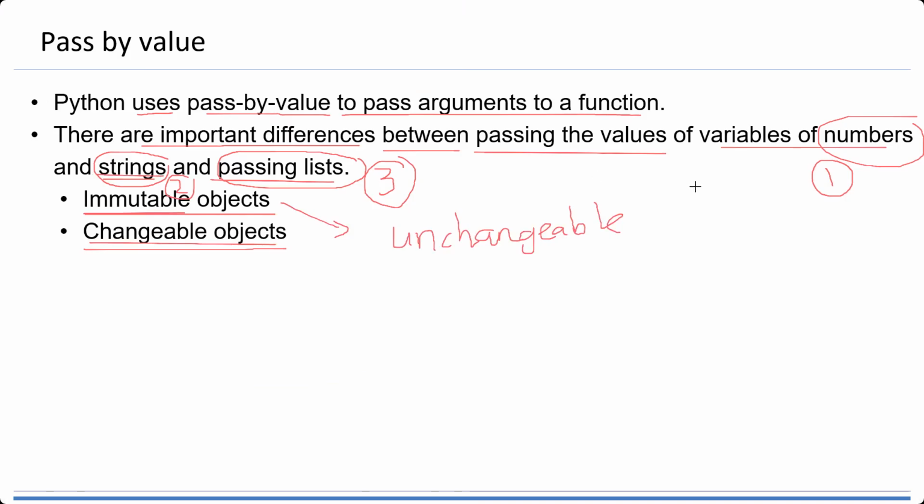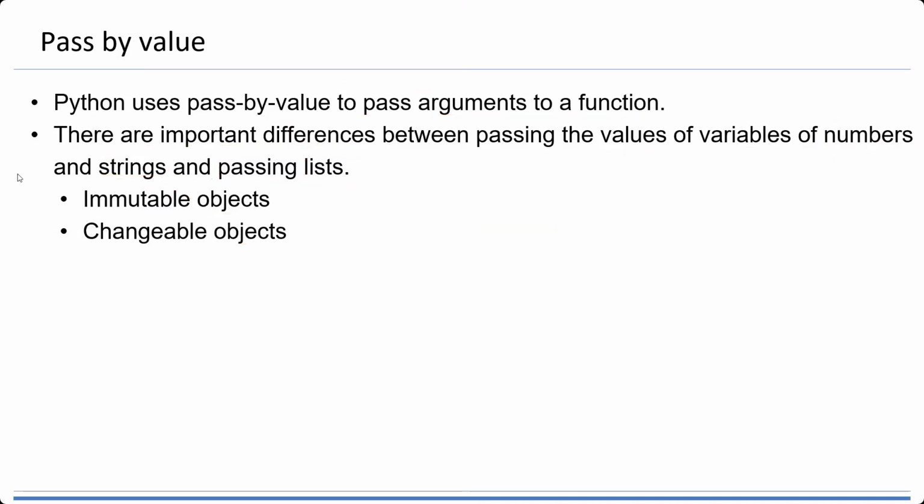A variable of numbers is also a kind of immutable. This is changeable. So the objects in Python can be split into two: immutable objects or changeable objects. And those are different when you pass them into the function.